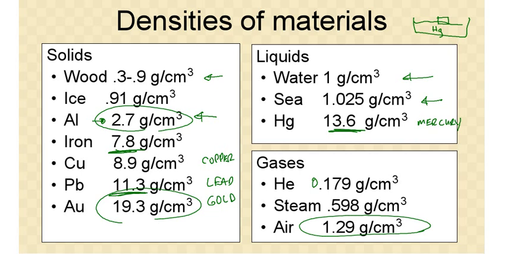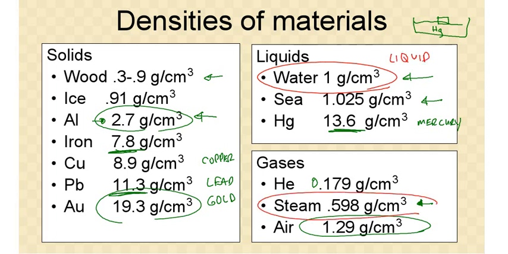Right here, this steam, that's effectively water, right? So here's a version of water. Here's liquid water right here. Here's a gas form of water, and then over here with the ice, I've got the solid form.